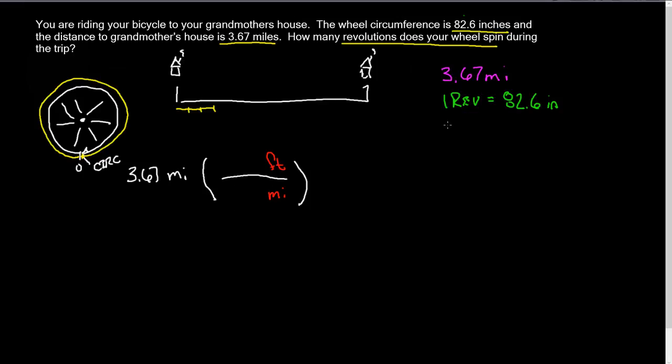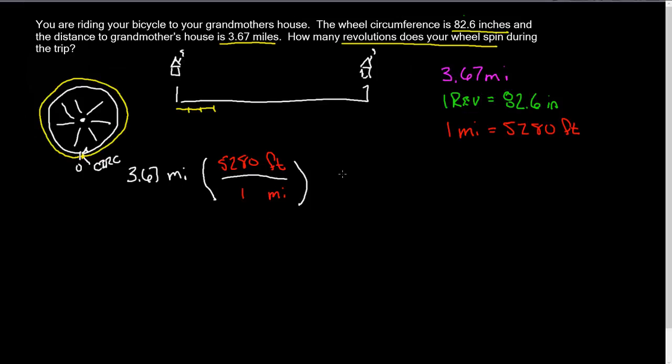And I know that 1 mile equals 5,280 feet. And you can find that in your formula sheet if you did not know that. 1 mile, 5,280.